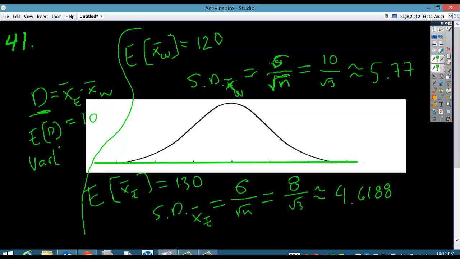This is going to be variance of x bar sub e plus, not minus, just like before, variance of x bar sub w. Okay, so we're going to add these variances. So we take this standard deviation and square it. We take this standard deviation and square it. What do we wind up with?